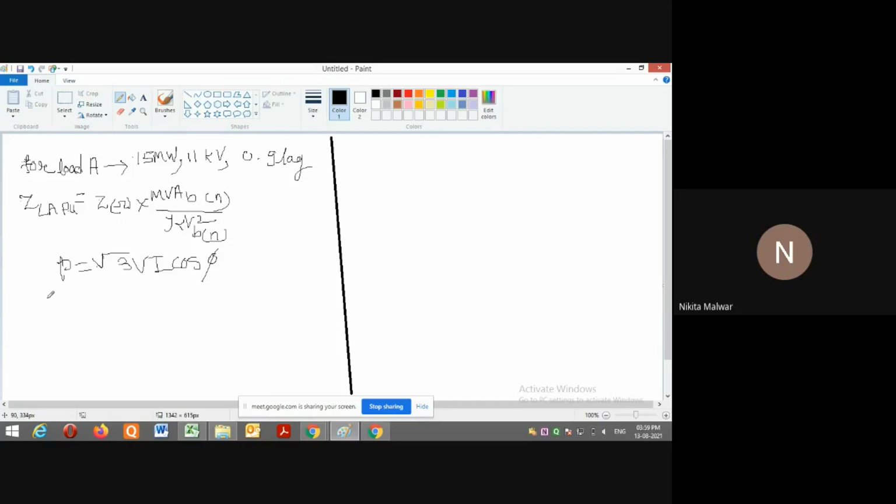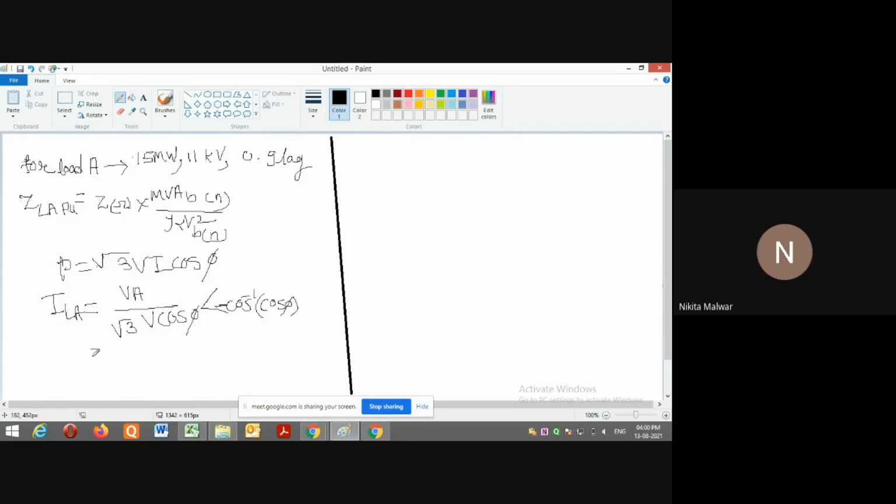So let us put VA instead of P. Your current ILA is equal to volt ampere, the power unit, upon root 3 V cos phi. In angular form, your angle will be minus cos inverse of cos phi. Put the values properly in brackets in the calculator.